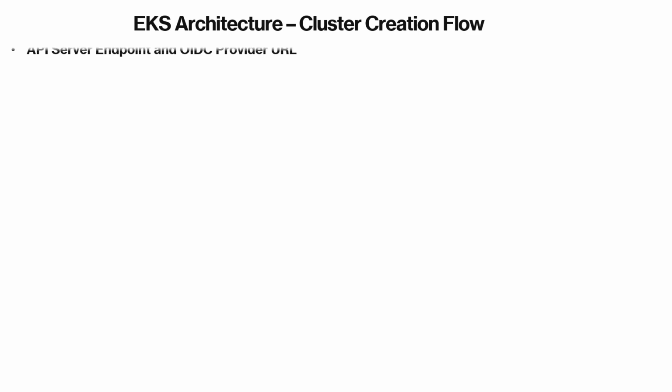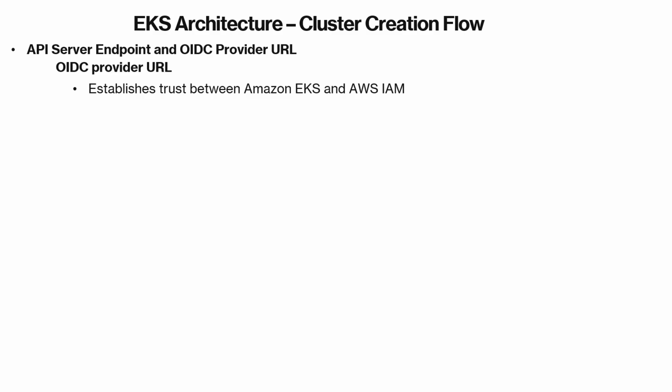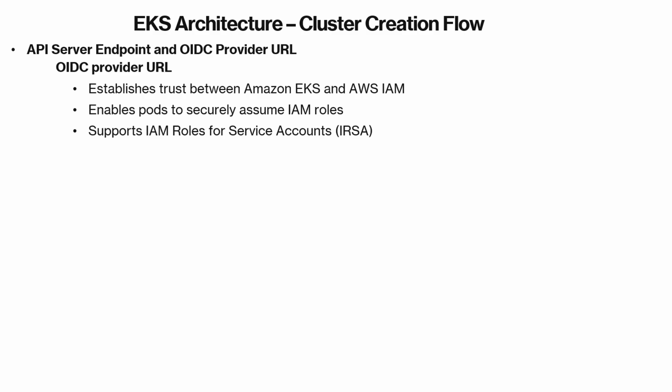The OIDC provider URL is used for authenticating pods. It allows Kubernetes service accounts to assume IAM roles, so your applications can securely access AWS services without storing credentials inside containers. Both are created automatically by EKS and play a vital role in managing secure access for users and workloads.